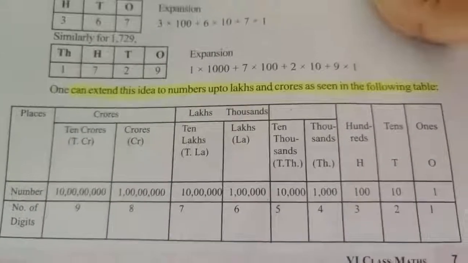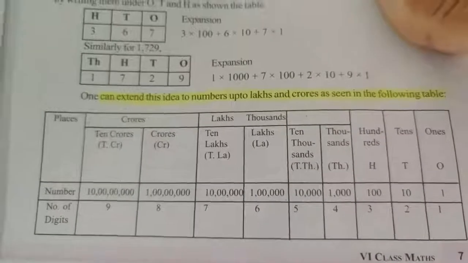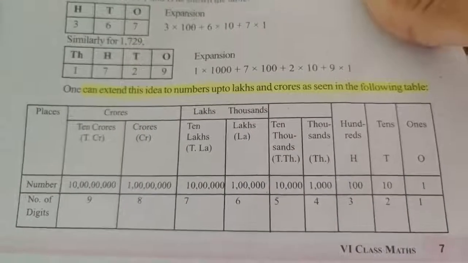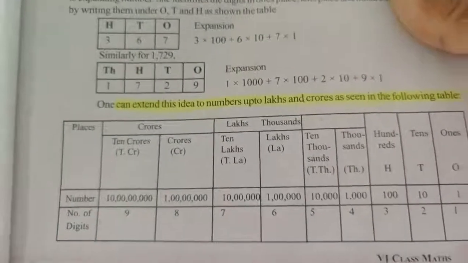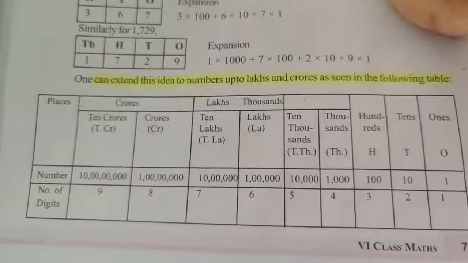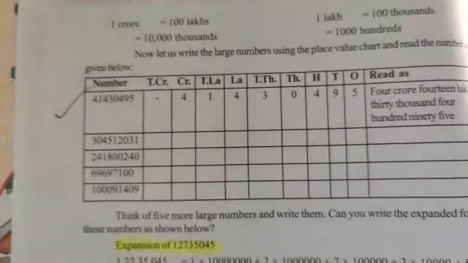Can you say the name of this number? 98 crore 76 lakh 54,321. Once again, 98 crore 76 lakh 54,321. Like this, I am going to show you a table and you complete it with their place values. Work for you.